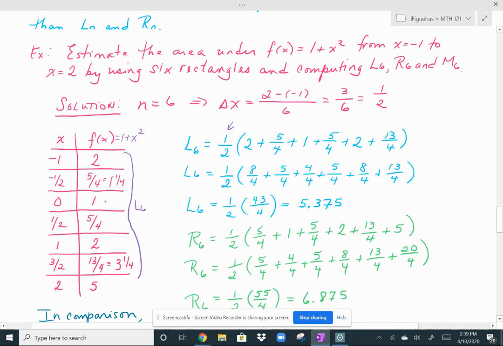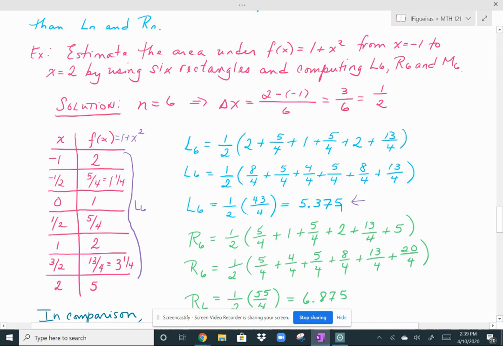So I have 2, 5/4, 1, 5/4, 2, and 13/4. Skip the 5 at the end. So then we get a common denominator for what's inside the parentheses. Add things up. You have 1/2 times 43 over 4, which is 5.375.